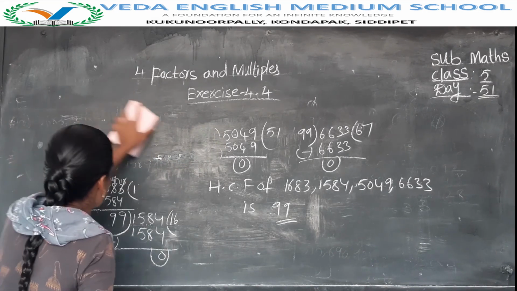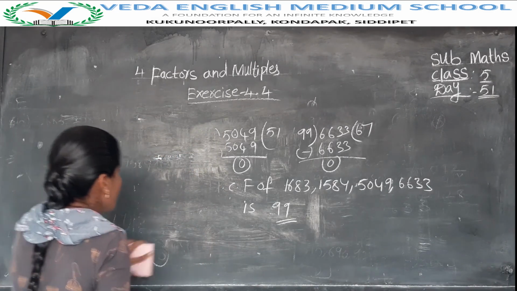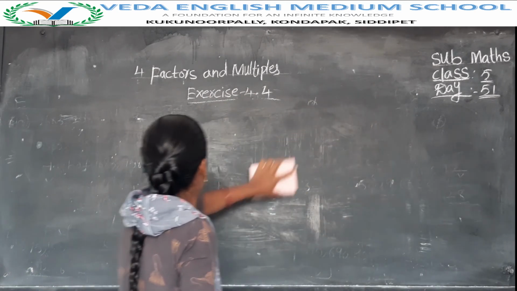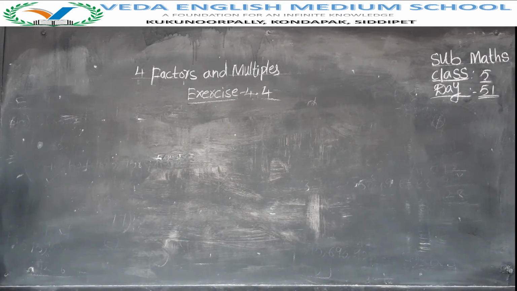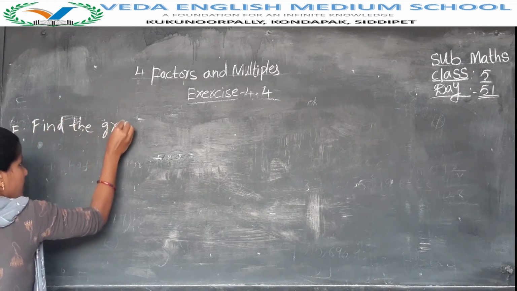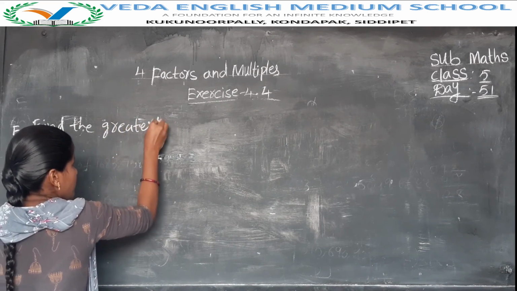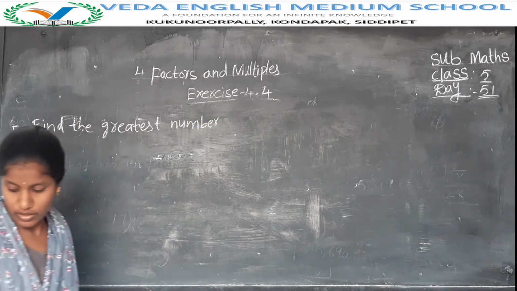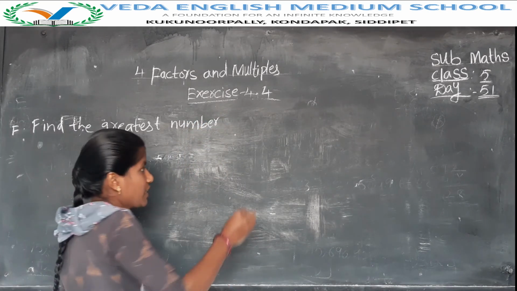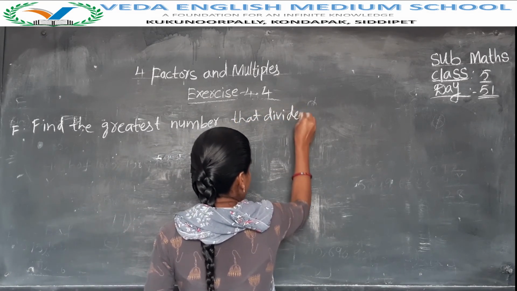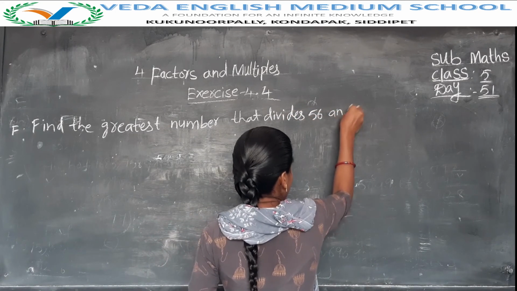Find that number. Here I am not writing the full question. Find the HCF of, find the greatest number that divides 56 and 84 exactly.